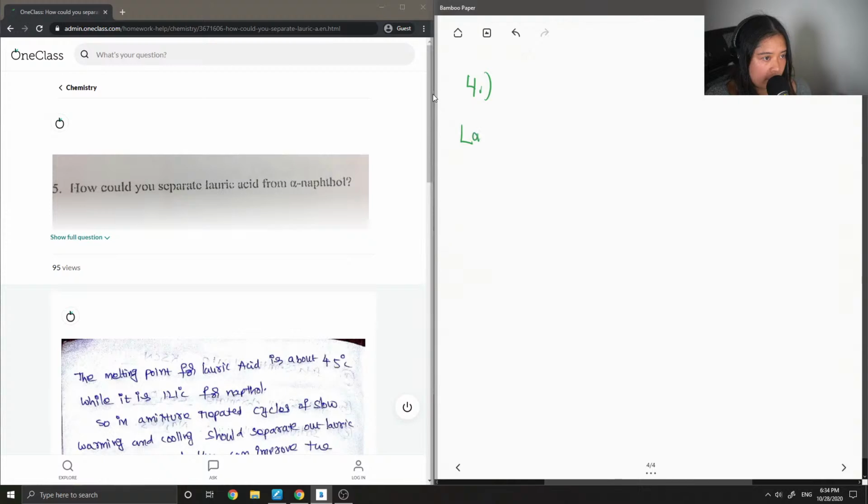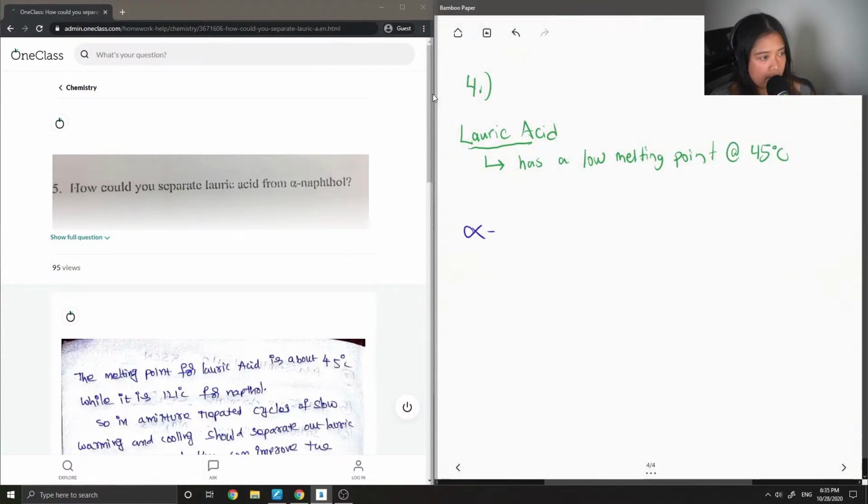So if you were to look up their properties on Google or look at their MSDS, then you'll see that lauric acid has a low melting point, at around 45 degrees Celsius.